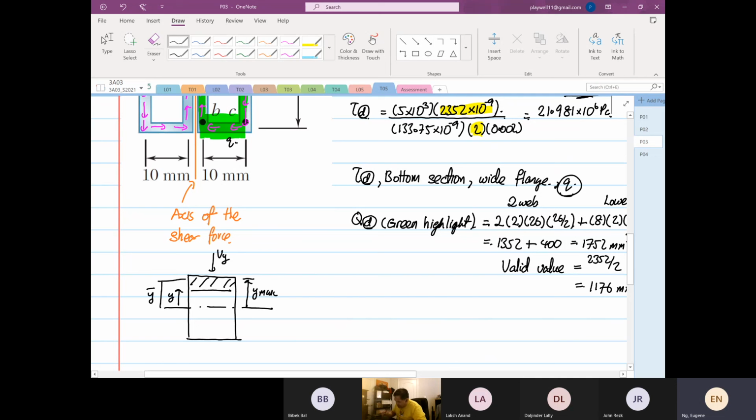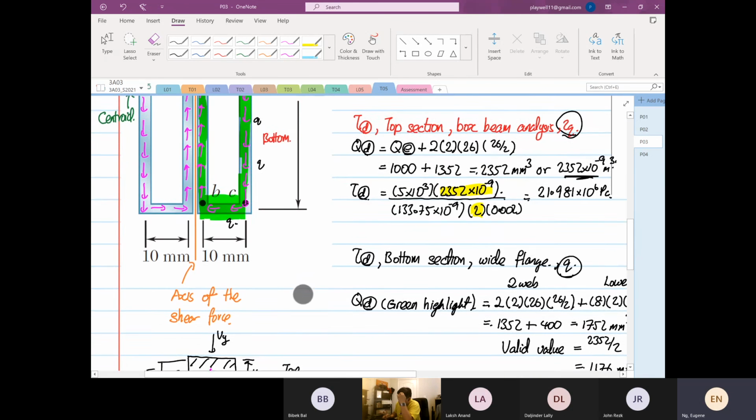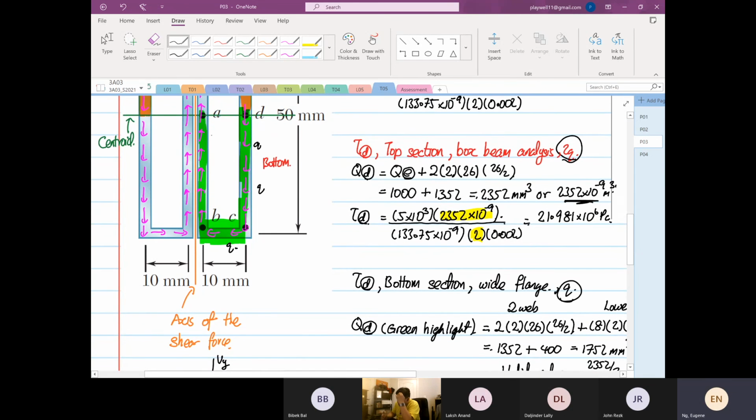Now, when we derive this, a really important thing to take note of is this: Q is only in one direction, whether at the top or at the bottom. Q is only at one section.